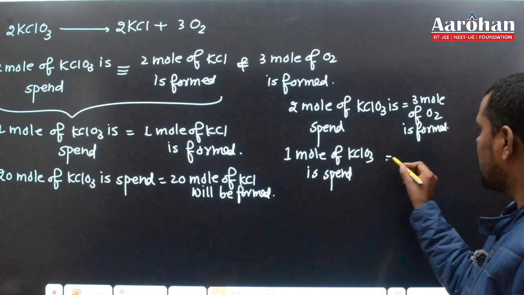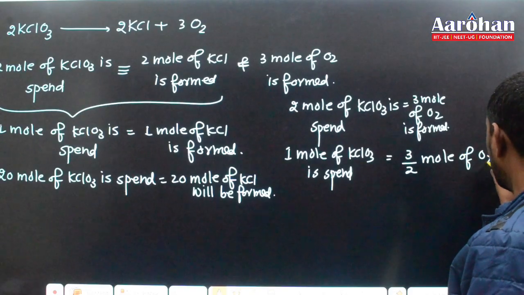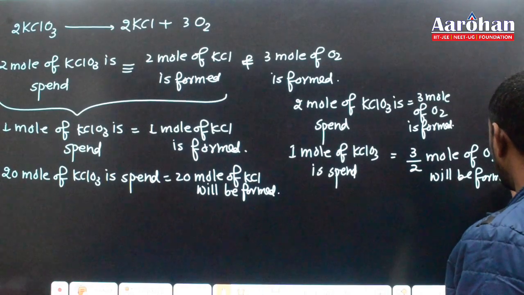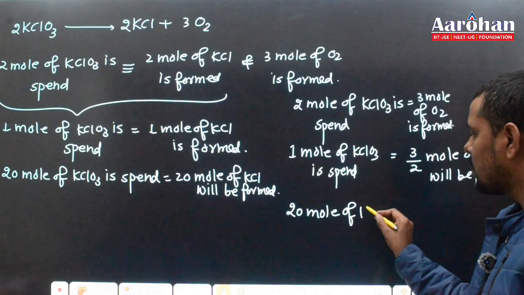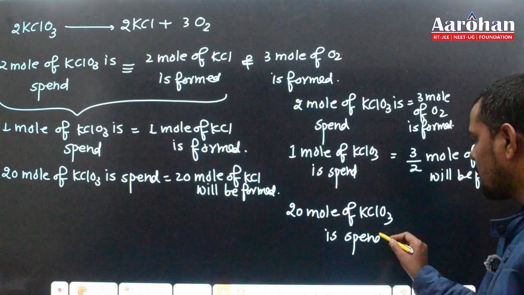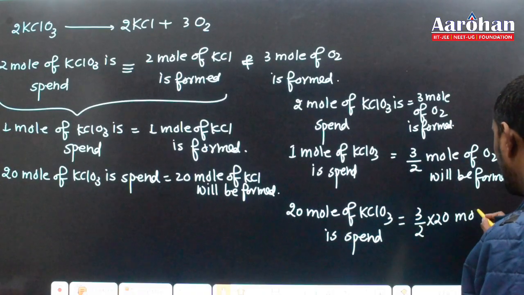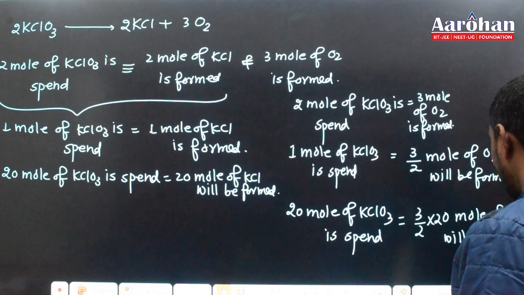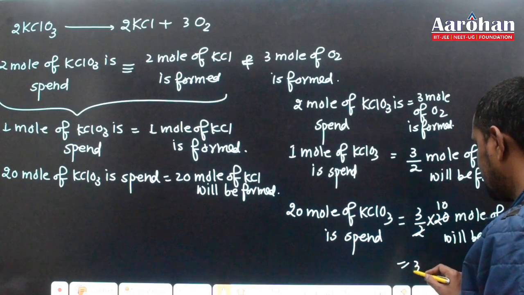Then 3 by 2 mole of O2 will be formed. And if 20 mole of KClO3 is spent, then the answer will be 30 mole.